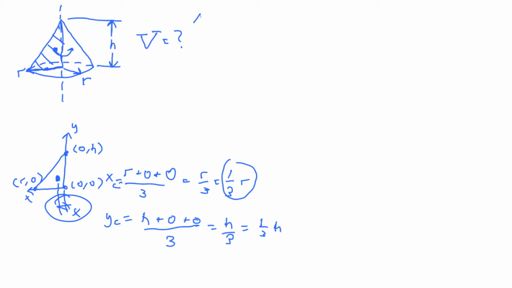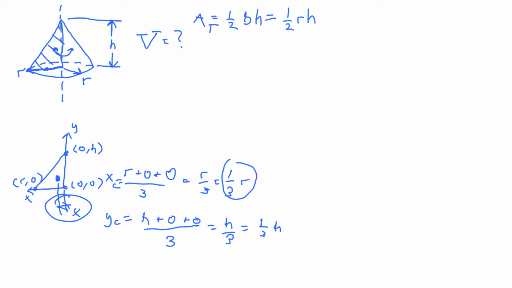What we're going to do now is take the area of this triangle. If you remember, the area of a triangle is equal to 1/2 base times height, or in our case, r is the base and height is h, so 1/2 r h is the area of the triangle. We're going to rotate that along the path at this radius.